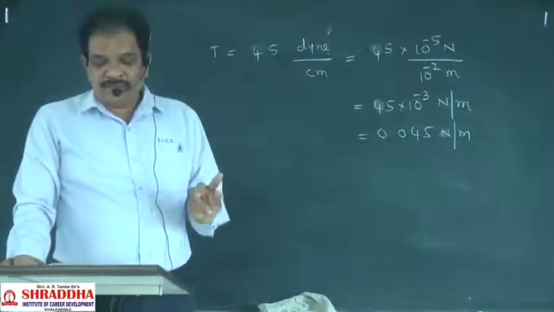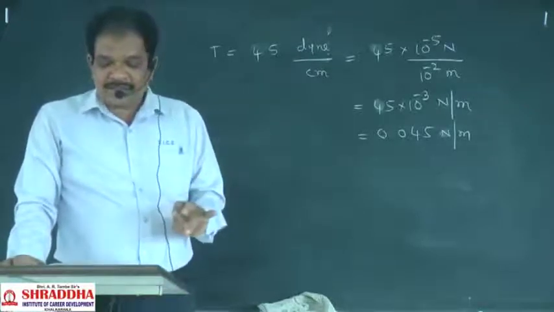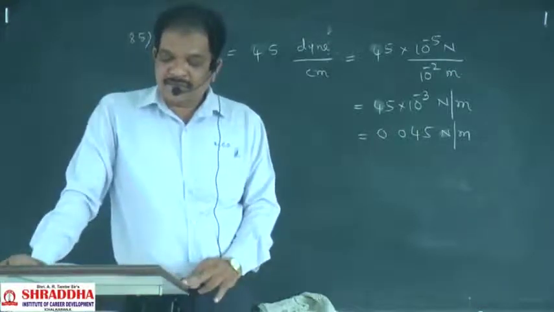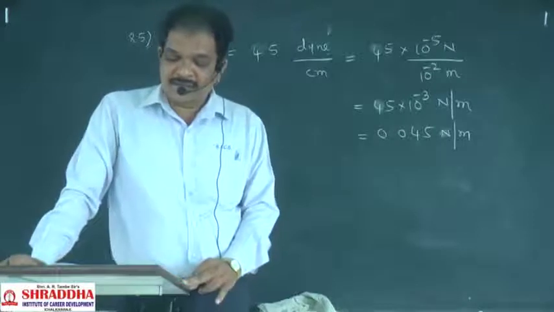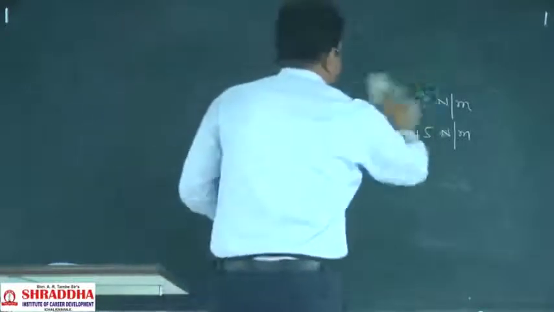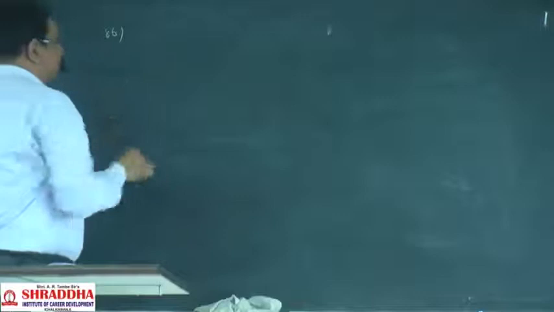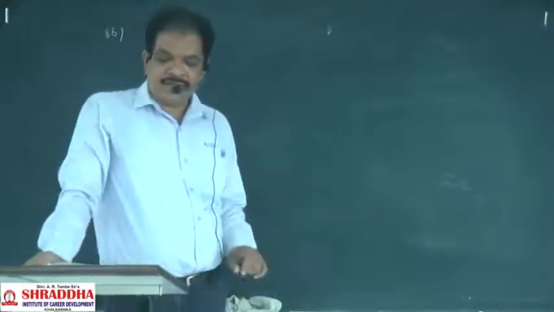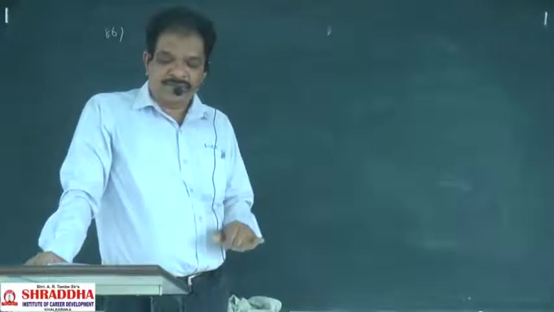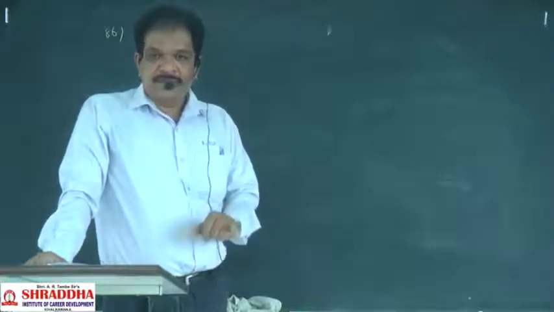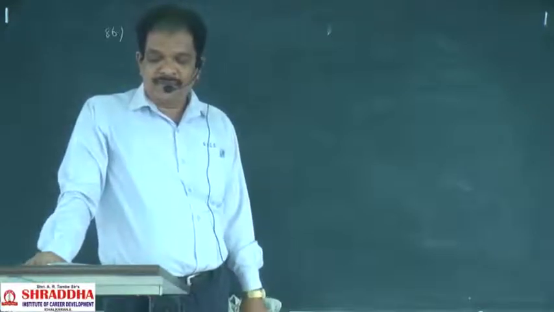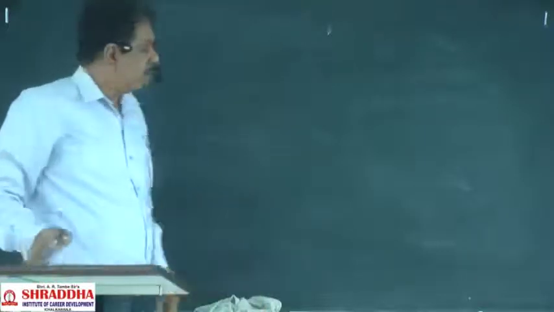So time, acceleration and mass. We have to represent work in terms of time, in terms of acceleration, in terms of mass. So M, A, T we have to represent.